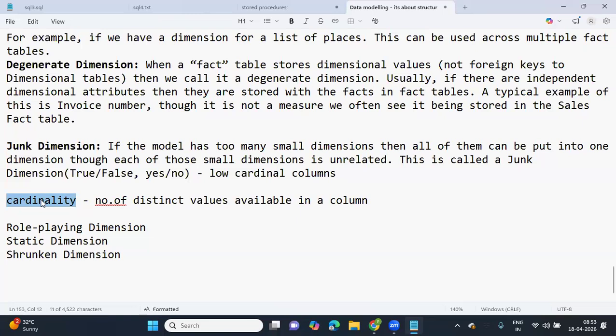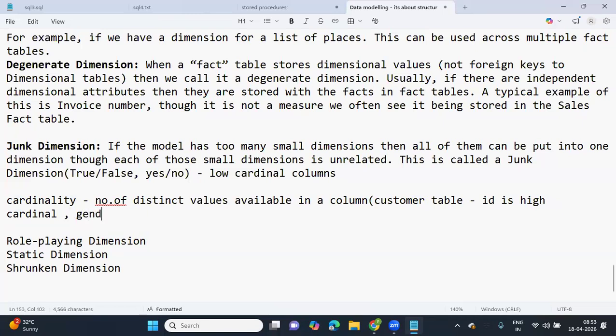Only three values, so that is a low cardinal column. So let's write here, customer table: ID is high cardinal, gender is low cardinal. This is the meaning of cardinality.